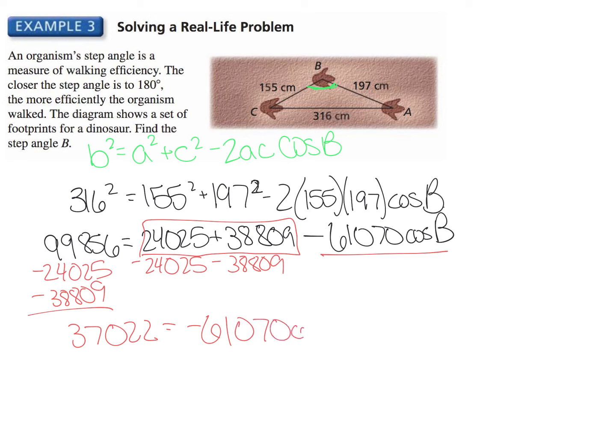We now need to divide by that 61,070 on both sides.